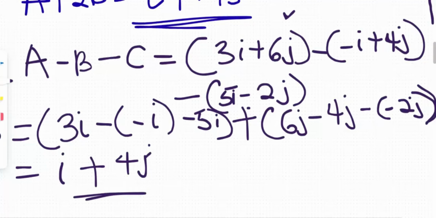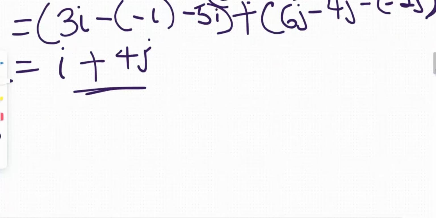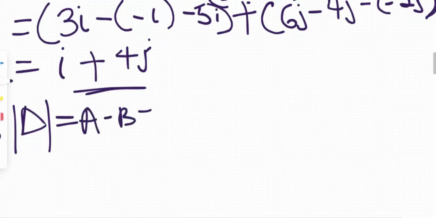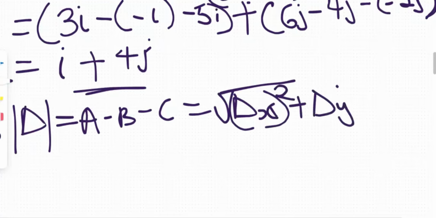Right? So now for us to find the magnitude of this, let's say this D. The magnitude of D, that is A minus B minus C, would be, like we explained before, the square root of dx squared plus dy squared.